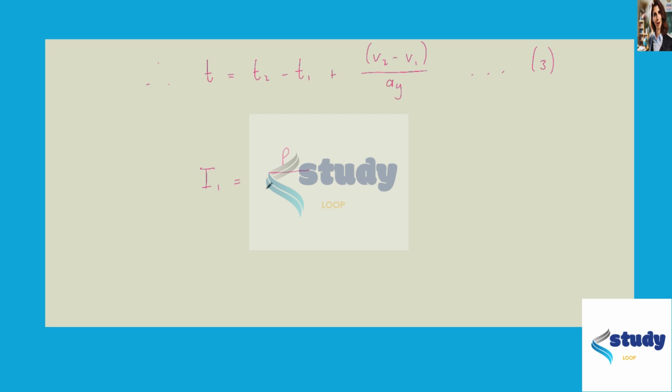Now, from the data that we are given, we know that r1 is 562 meters, and we need to find r2. We know that the intensity I1 is equal to the sound power divided by a sphere of area 4 pi r1 squared.